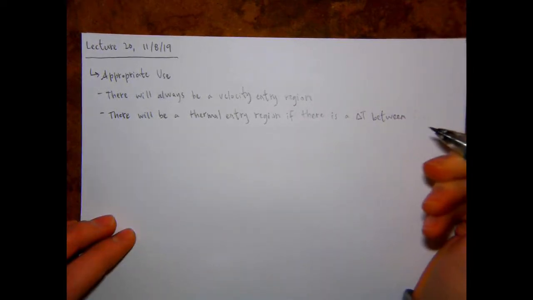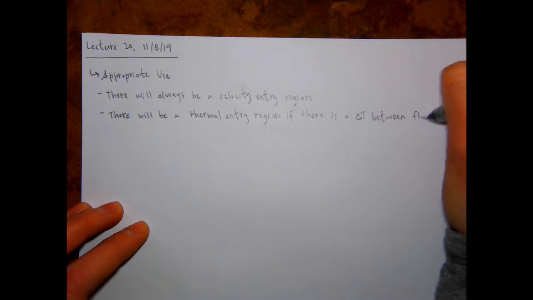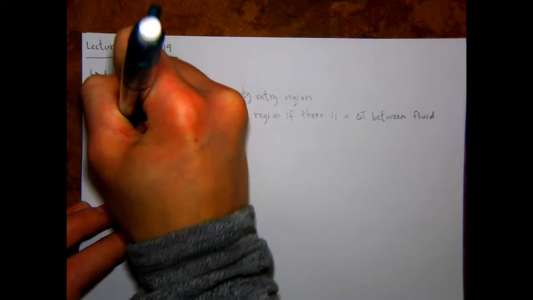So there's a thermal entry region if there's a delta T between the fluid and surface.